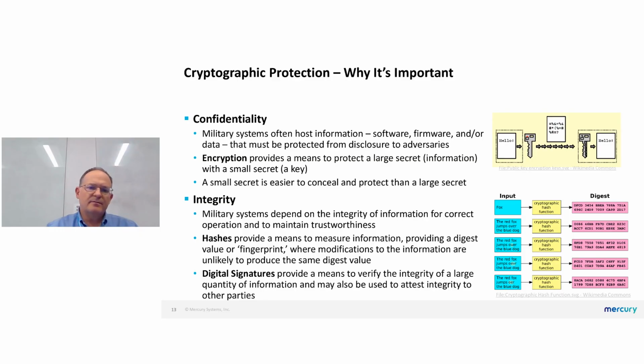And that's illustrated in the picture on the right, which may be a little challenging to read, but the point of this is that if as an adversary I want to make a small modification to a piece of information, it's very hard for me to do that without causing that digest to change, which provides a means for detection.